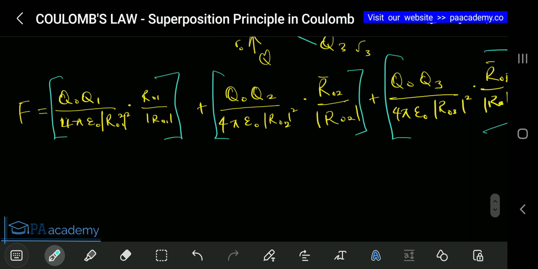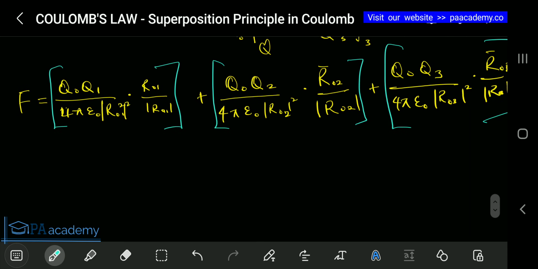Now this equation that we have here can also be rewritten. If you notice, Q naught over 4 pi E naught is common to all, so let's just factor it out.